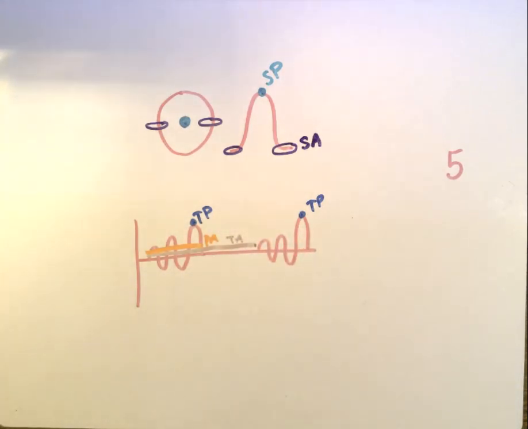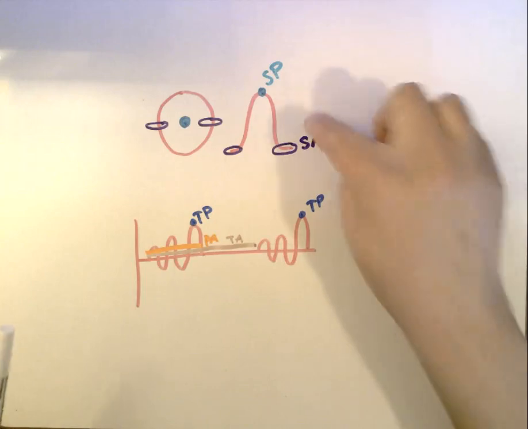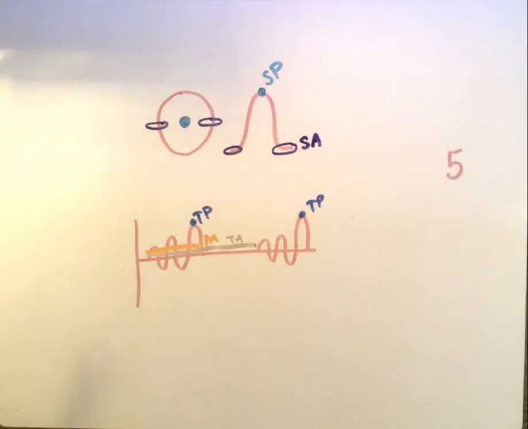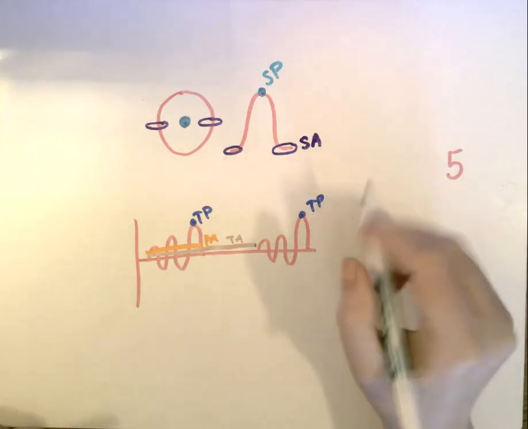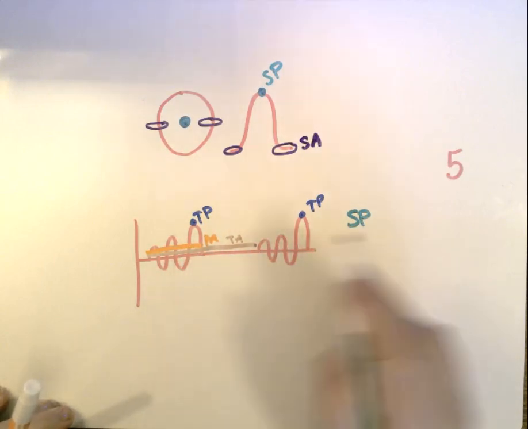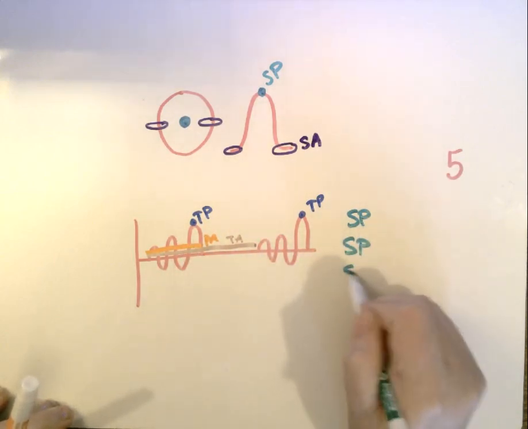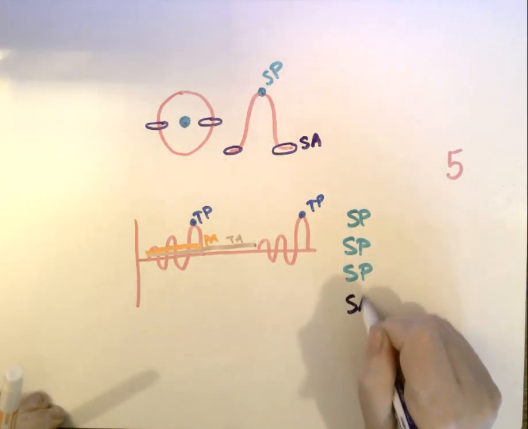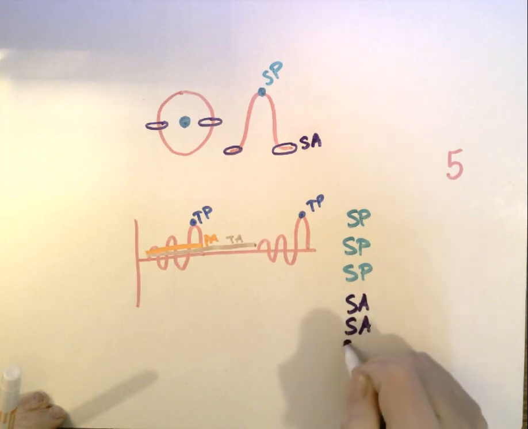So when we are combining the intensities, we are going to take one spatial consideration and one temporal consideration. So we will see that we can get an SP combined with all three of the temporals, and we will have an SA then combined with all three of the temporals.